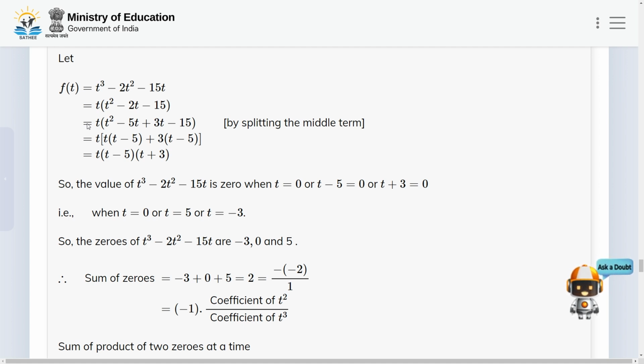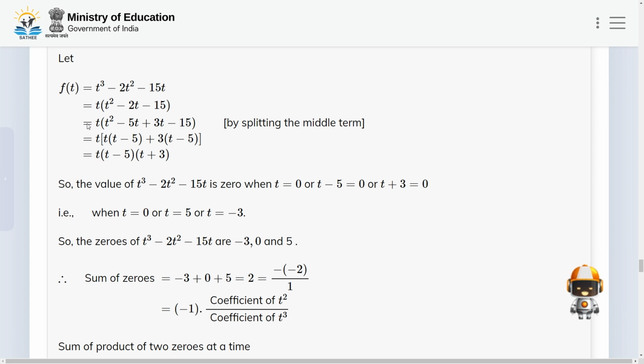So the value of t³ - 2t² - 15t is 0 when t = 0 or t - 5 = 0 or t + 3 = 0. That is when t = 0 or t = 5 or t = -3.